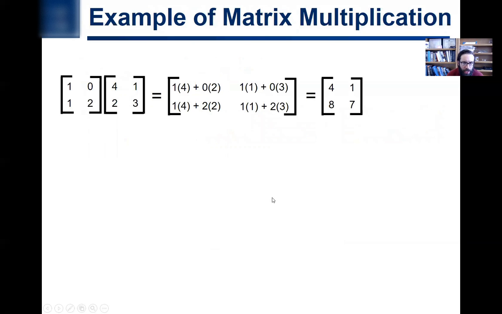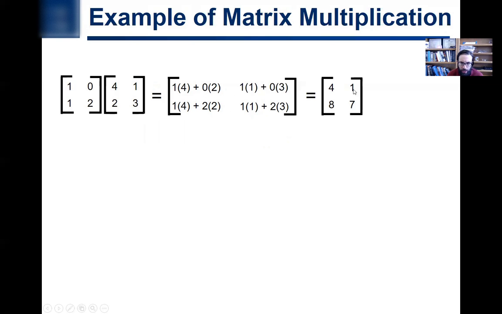So here's an example with some numbers and some smaller 2 by 2 matrices. To evaluate the first entry, we go 1, 0 dotted with 4, 2. So it's row by column. That's 1 times 4 plus 0 times 2, which is 4.